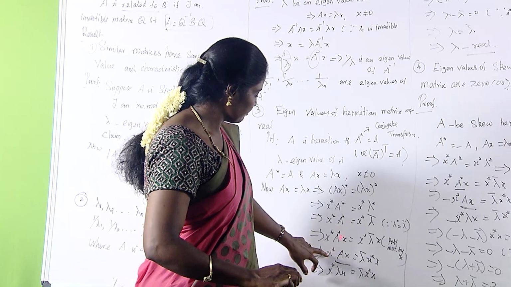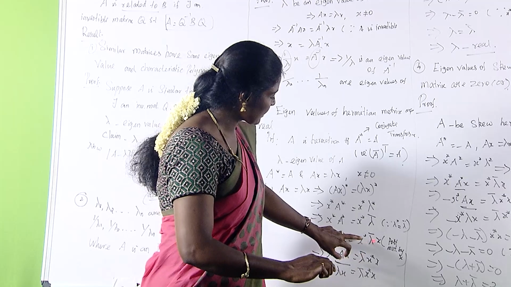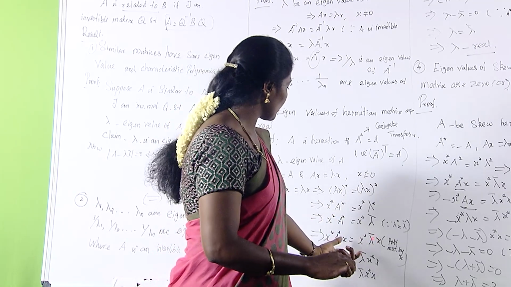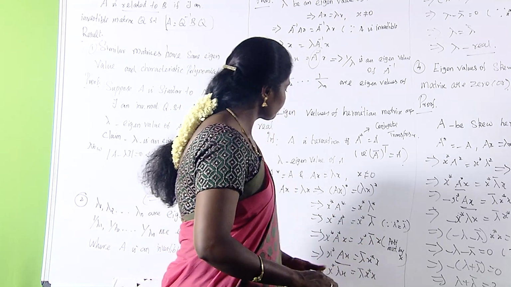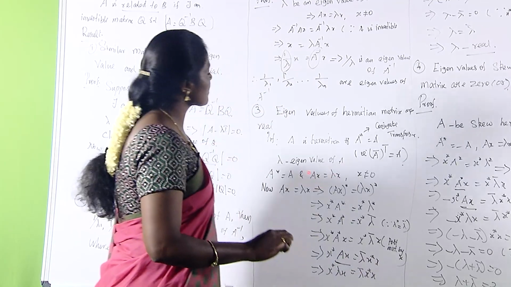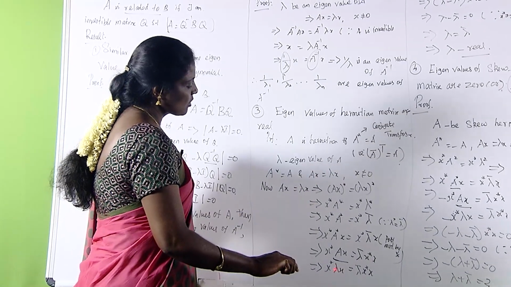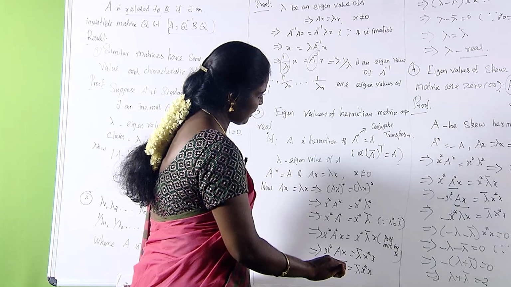So, x star A x equals, rearranging the order, lambda bar x star x. Here, instead of Ax, I supply lambda x, because lambda is an eigenvalue of A, so Ax equals lambda x.